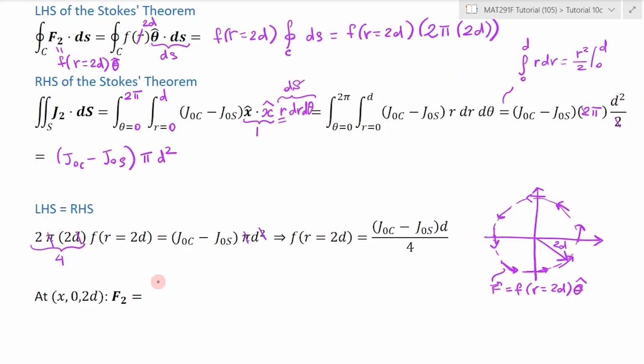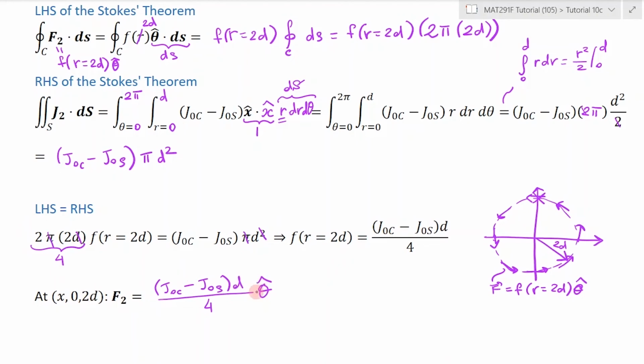So then we get J naught c minus J naught s, d over 4, theta hat at this particular point. Now, it's not everywhere, right? It's only when the distance from the x-axis is equal to 2d, right?